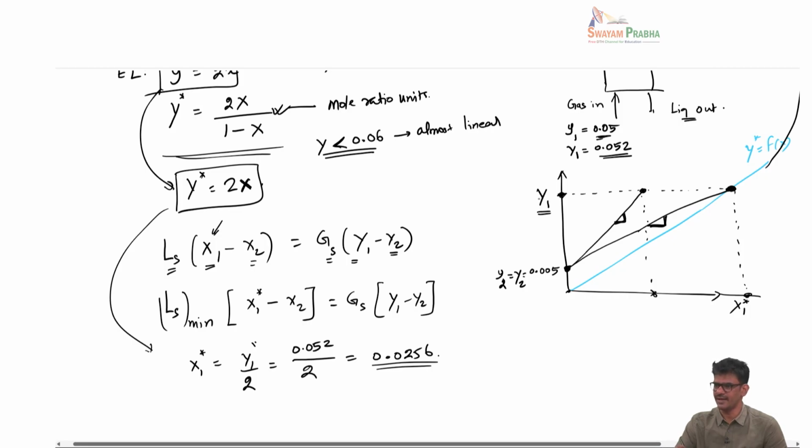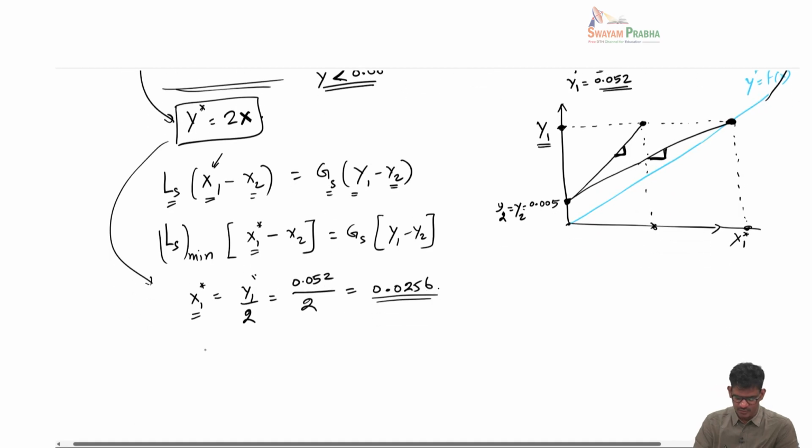So what we have done here is identified this x1 star as being in equilibrium with the y1 value. So that was exactly this point. Now we know this equilibrium value of x1 star, and from here I can find out the Ls by Gs minimum, which is nothing but y1 minus y2 divided by x1 star minus x2.